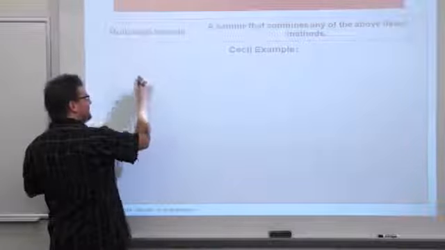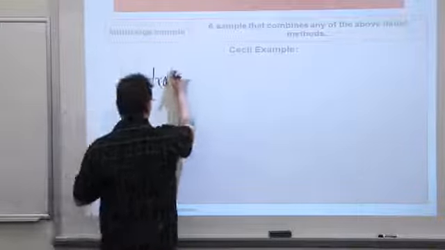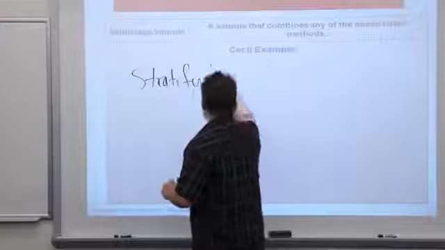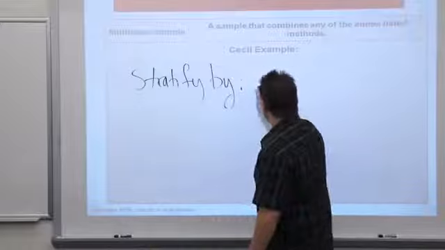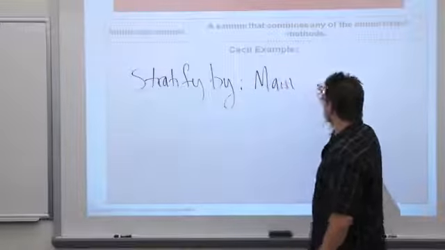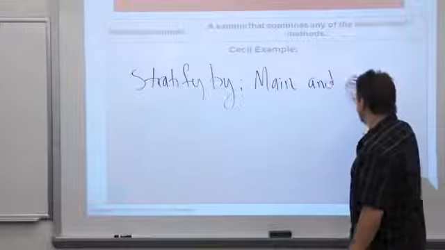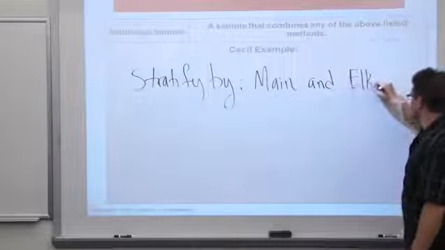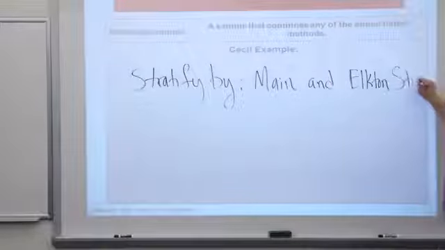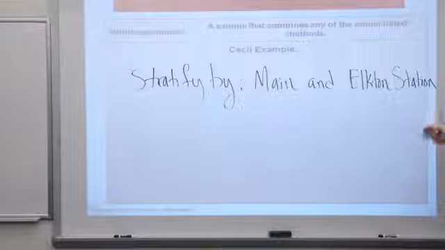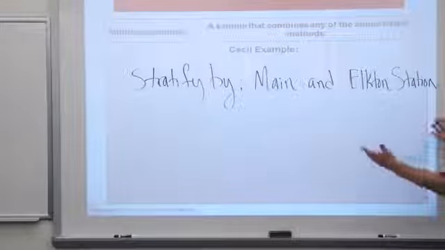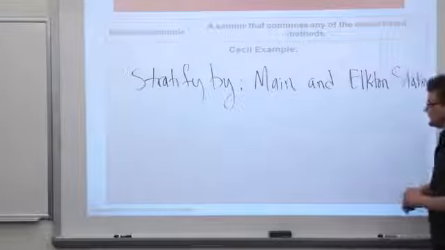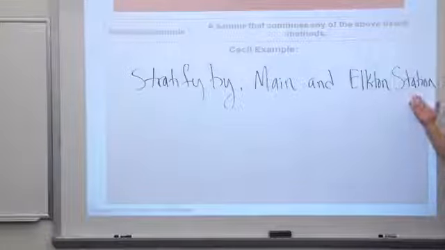So the first thing I will do is stratify by main campus here and Elkton Station. I have a feeling that the gym habits of students that attend main campus might be different than Elkton Station.